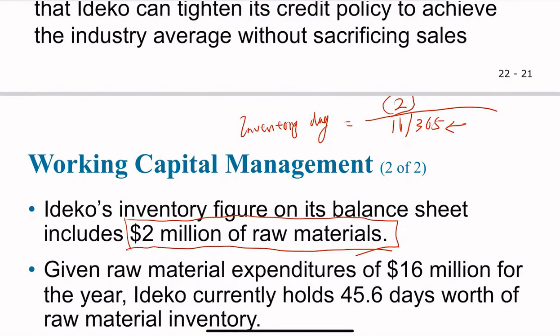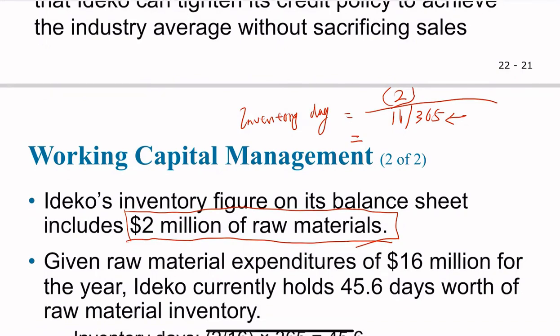So you can see that this inventory days basically means how many days your raw materials will stay in the inventory. So clearly this measures how fast you can turn your raw materials into finished products. And if you want to manage your working capital in an efficient way, you definitely want to reduce this number, right?